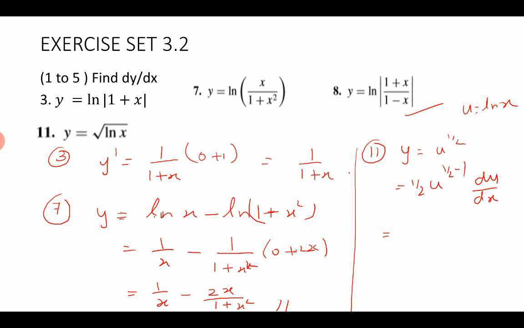So this is half into u to the power negative half. When you differentiate u, what is du by dx? It is 1 over x, so it is 1 over x here. And now this is half into 1 over u into 1 over x, so it will be 1 over 2x into 1 over the square root of ln x. This is half under square root, so that is it.